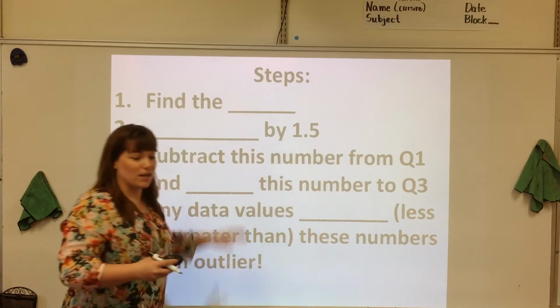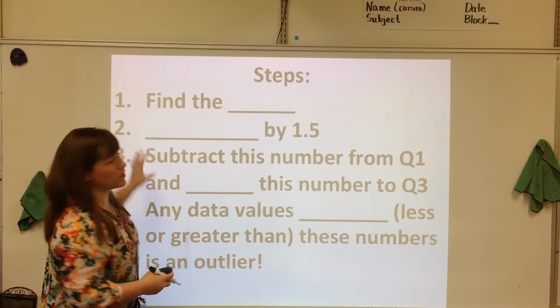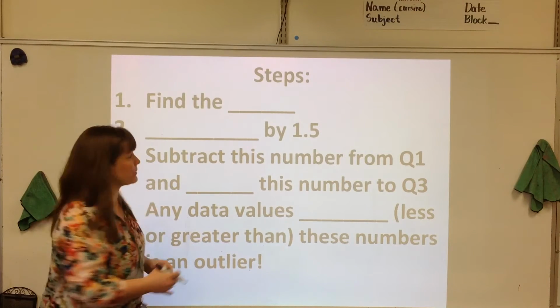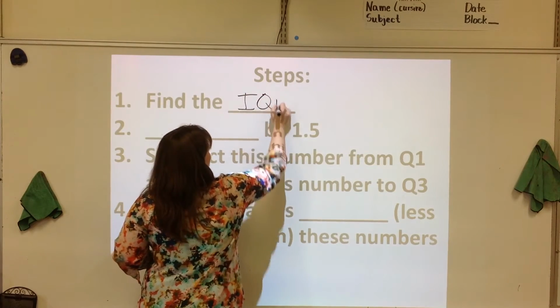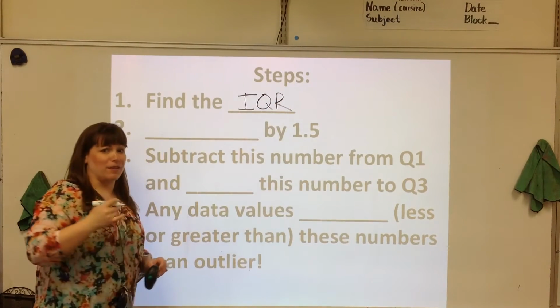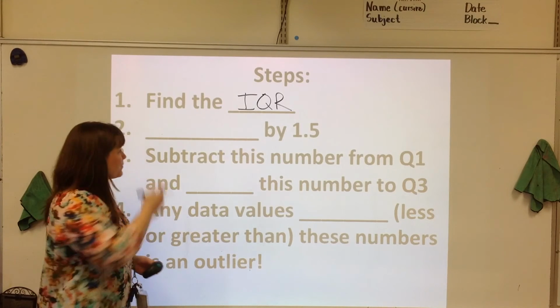So this again is on your yellow sheet. There are 4 steps. So here are the steps, and then we're going to practice. First, you have to find the IQR. You learned that in the last video. We're going to have to use that in order to help us find the outliers.